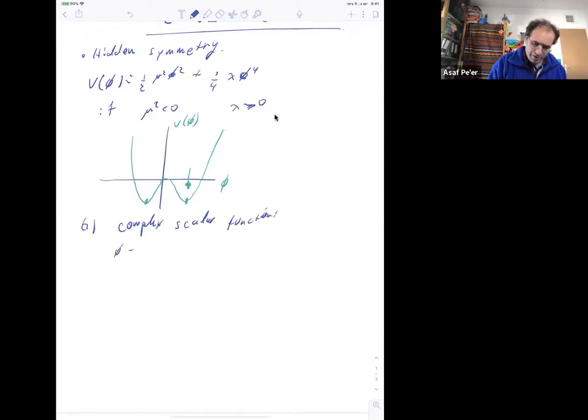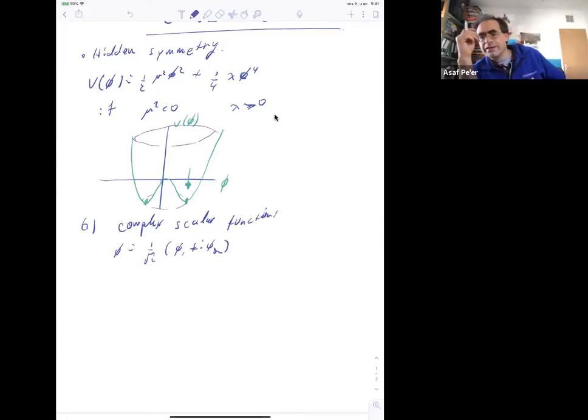Right, when we wrote phi is 1 over square root of 2 times phi 1 plus i phi 2, this 1D becomes a 2D, so you have sort of a Mexican sombrero type of shape. And that's of course invariant under a global transformation, but the idea of the Brout-Englert-Higgs mechanism is to demand invariance under a local phase transformation.